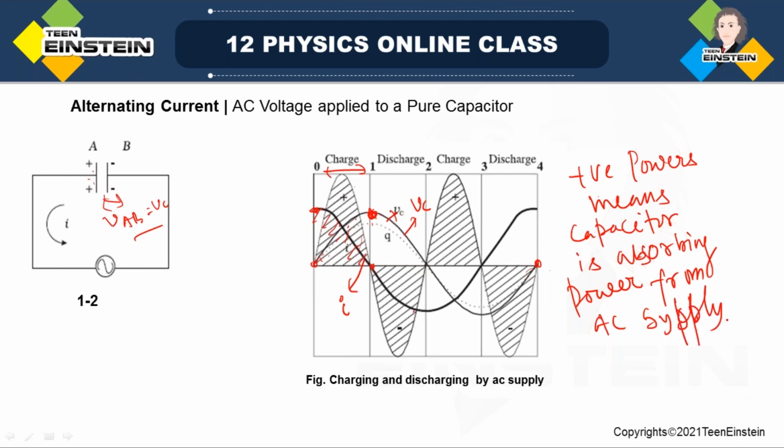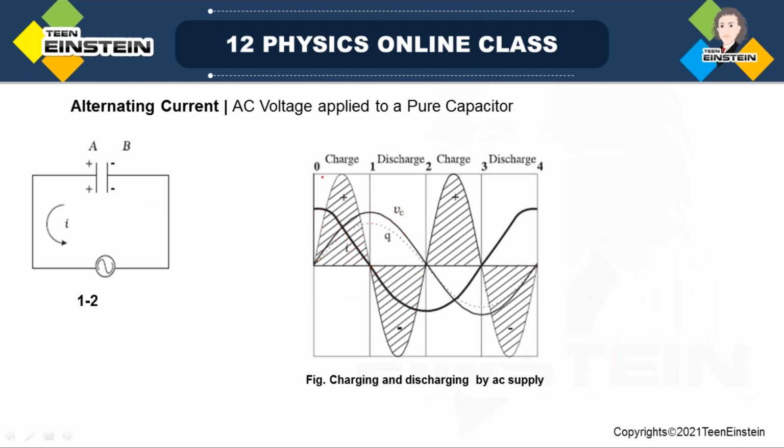All right, when the power is positive, see, during this quarter cycle 0 to 1, the current is positive and the voltage is also positive. So instantaneous as well as average power will be positive over here. And in the other quarter, you look at 1 to 2. In this case, the charge accumulated is positive, but it is decreasing now.